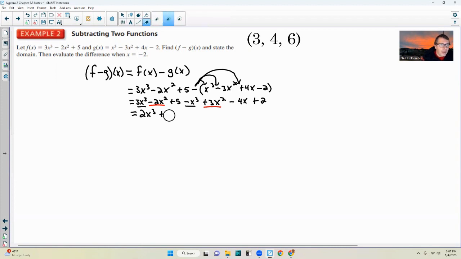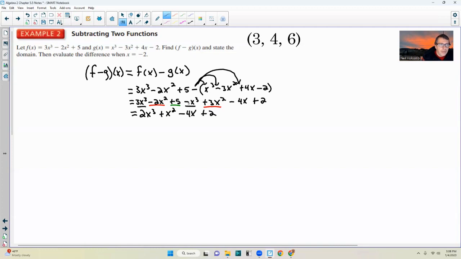I don't like to write the 1, so I'll just put plus x squared. And then finally, I have an x here, so don't forget that. There's no x here, but there is over here. So that is going to just be minus 4x. And then I have a constant plus 2.